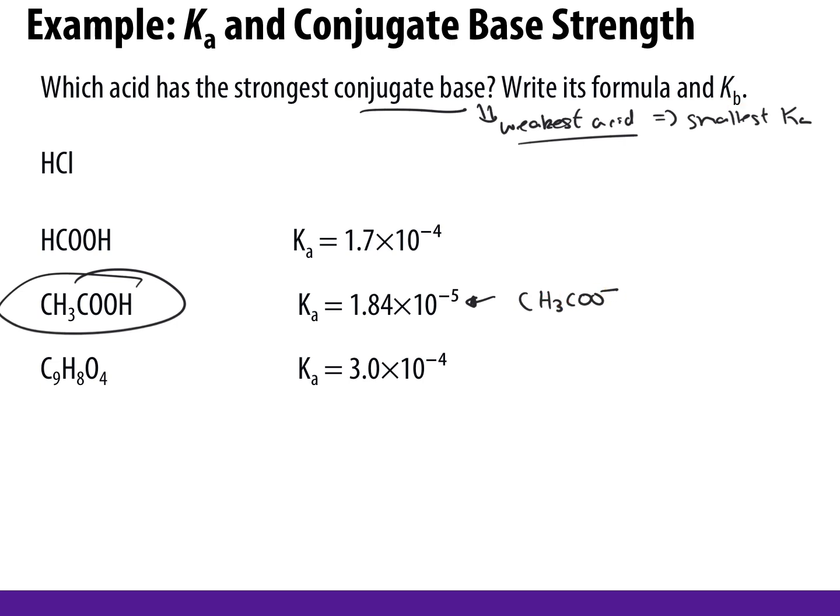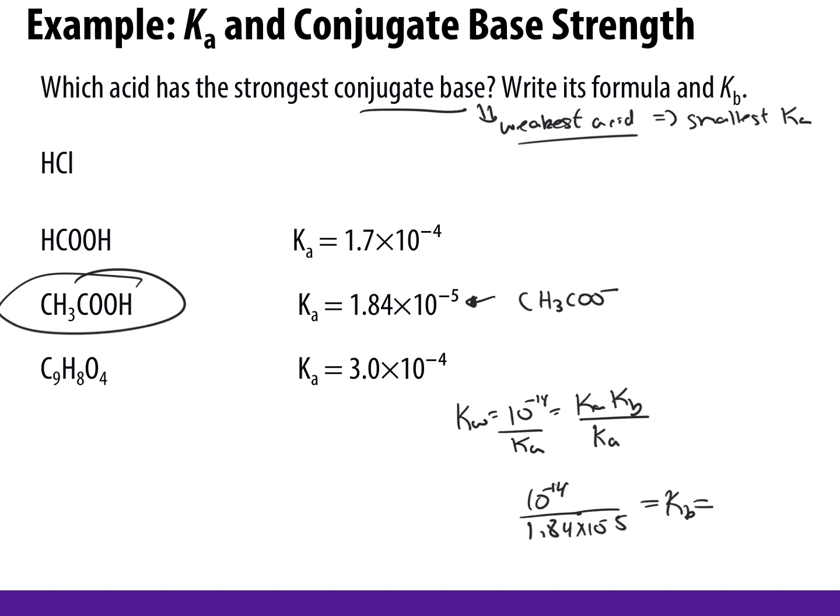Then writing the Kb for this reaction, that requires the math here. So the math is Kw, 10 to the minus 14, is equal to Ka times Kb. We know Ka, we need to solve for Kb, so divide both sides by Ka. 10 to the minus 14 over Ka, 1.84 times 10 to the minus 5, is equal to Kb, which is equal to 5.43 times 10 to the minus 10.